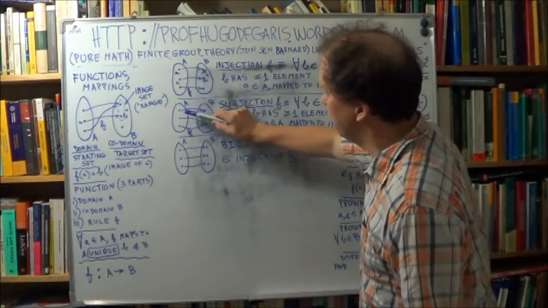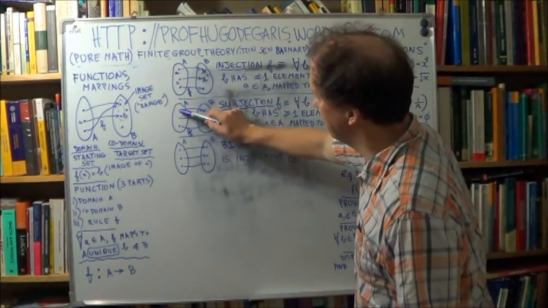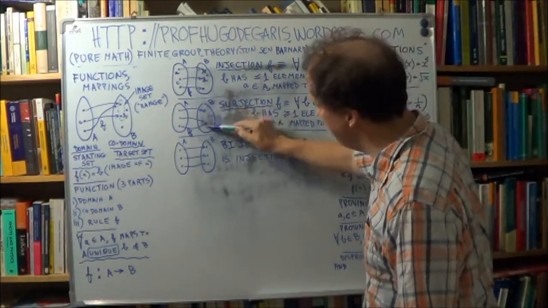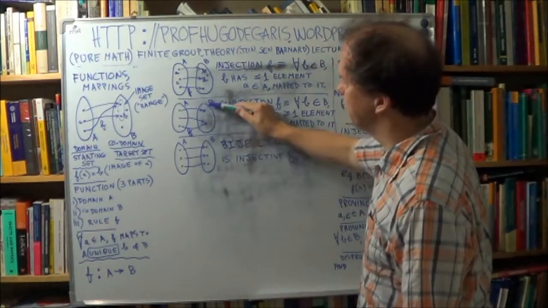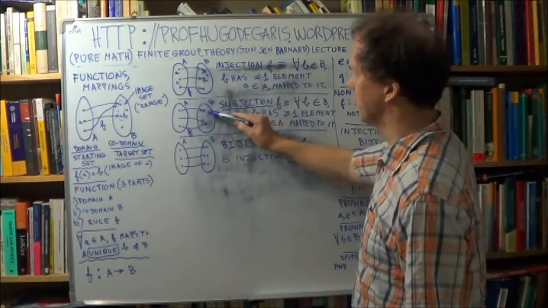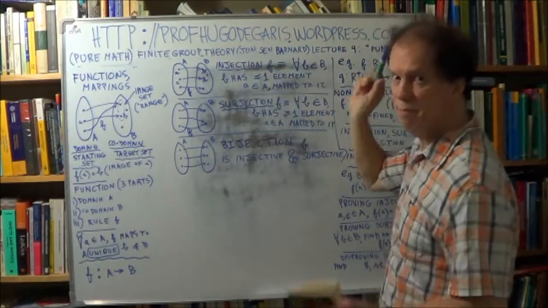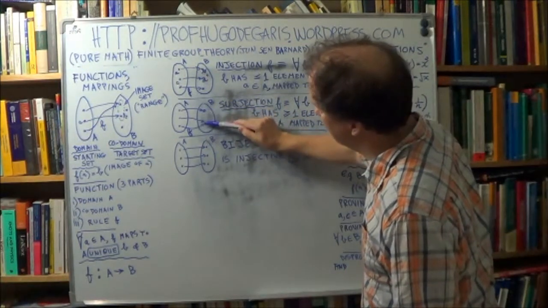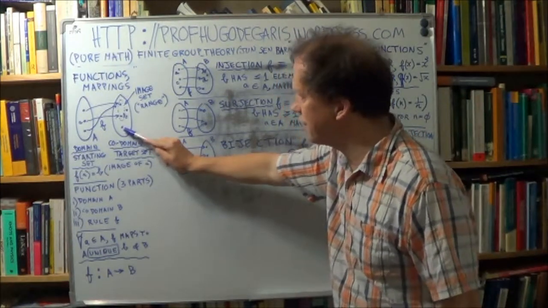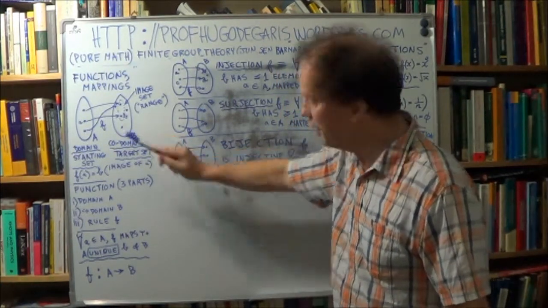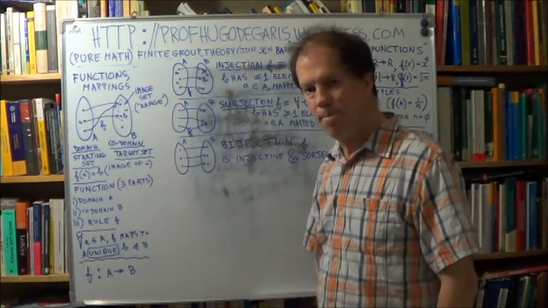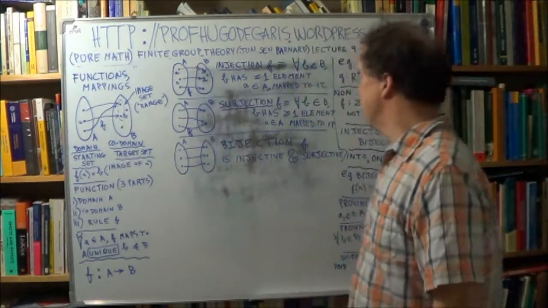So for each one, you find a member of A that maps to this, right? One or more. And if you can do that for each member of your codomain, then it's surjective, because that's the definition, right? Surjective means that every element of your B gets mapped to. You don't have these stragglers, these unconnected, unmapped ones, right? In a surjection, all members of your B are mapped to.